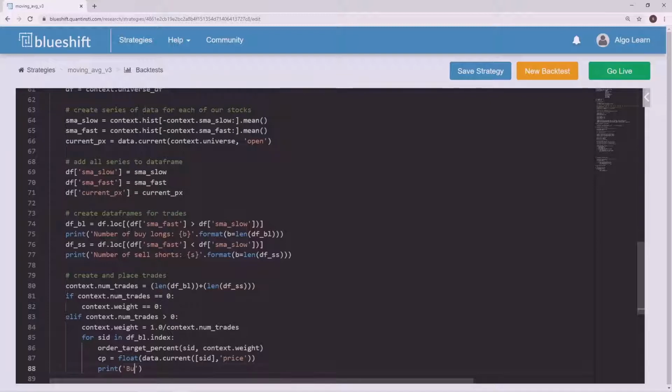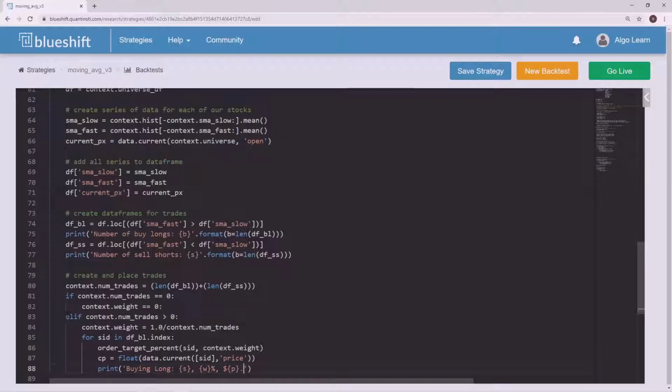We're going to do "buying long," and then S, that will be our SID, and W, this is going to be for our weight. I'll do percentage, I'll put a dollar sign, P for price.